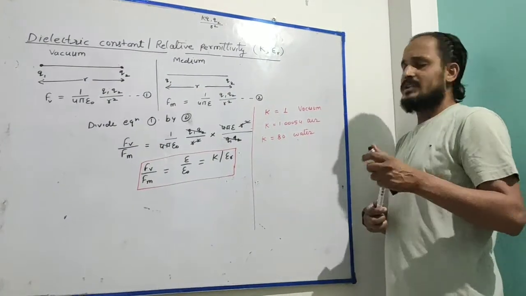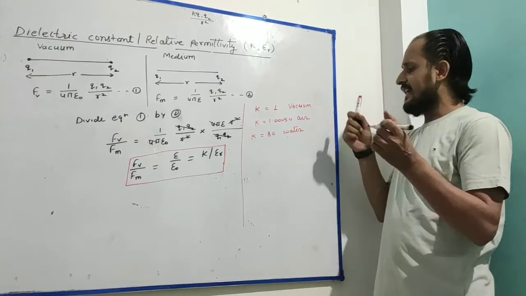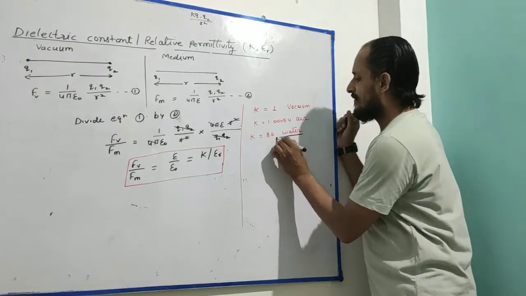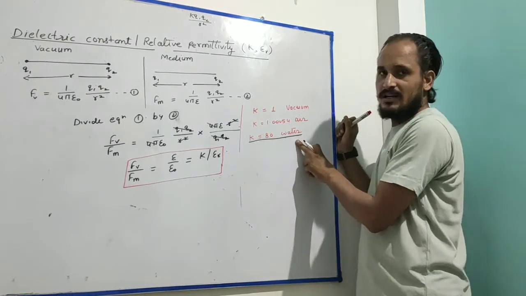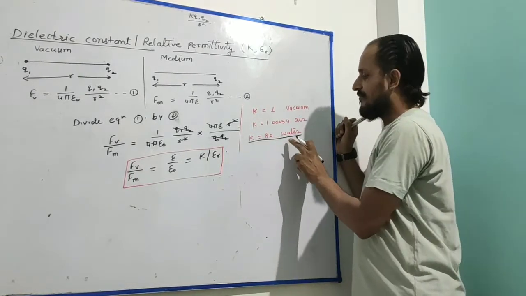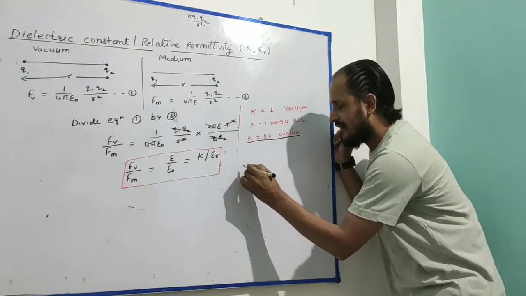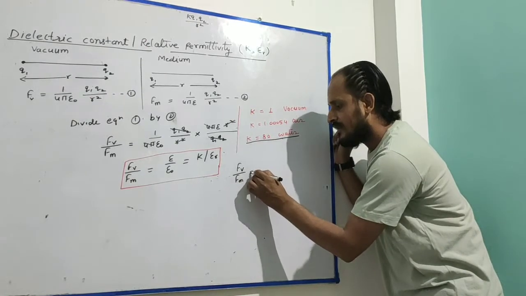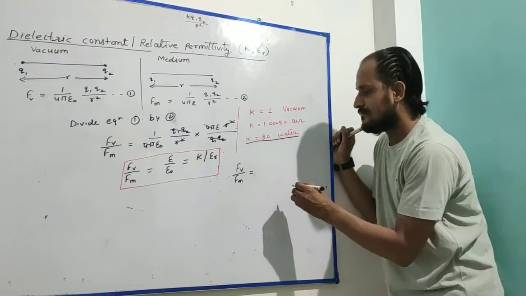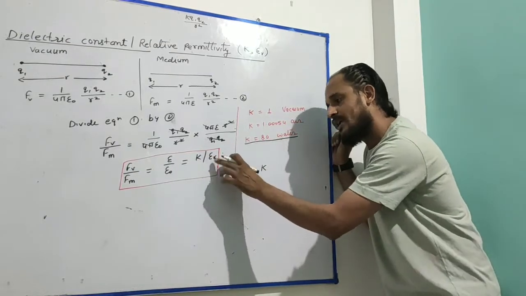These values give information about what? We'll see. Suppose we use the value of K 80 for water, and if we put this value of K in this relation, what can we write down? Fv upon Fm is equals to K, we can write K or epsilon r.